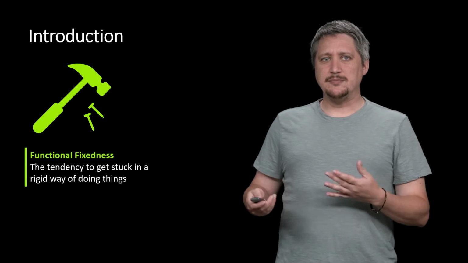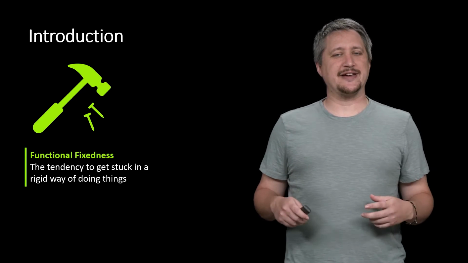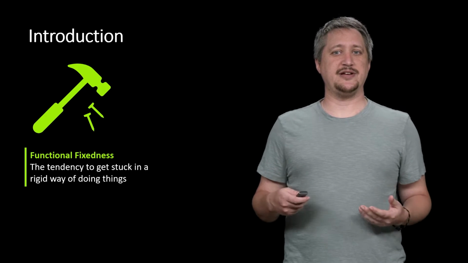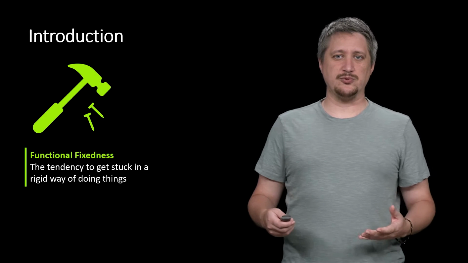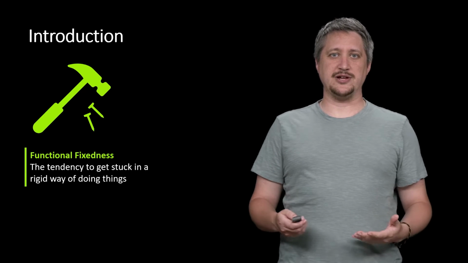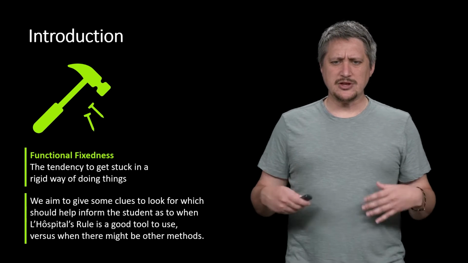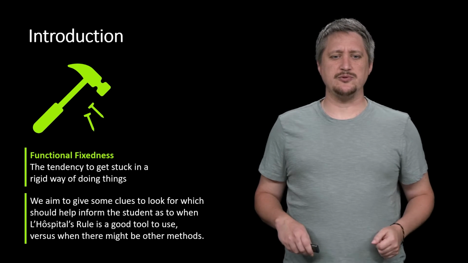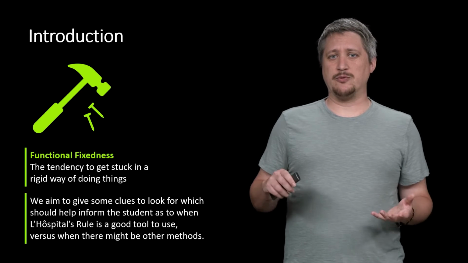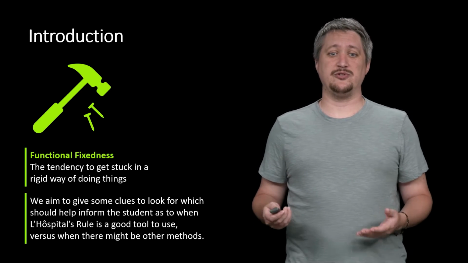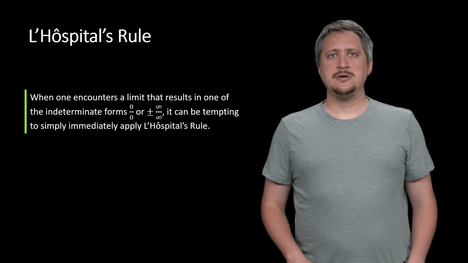In this setting, it would be the equivalent of every time you see a limit that gives 0 over 0 or infinity over infinity, you immediately use L'Hopital's rule without really thinking about what you're doing or why. So we aim in this video to give some clues as to when you might want to use it, but more importantly, when you might not want to use L'Hopital's rule. Instead, we'll look at some other methods.